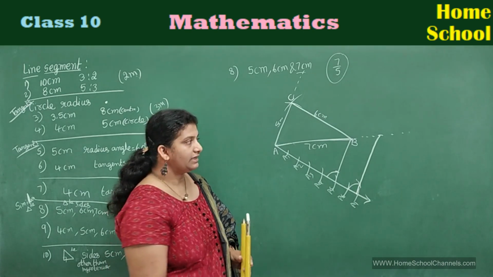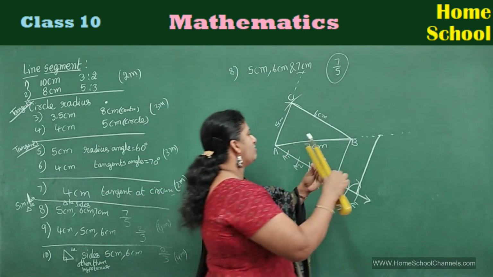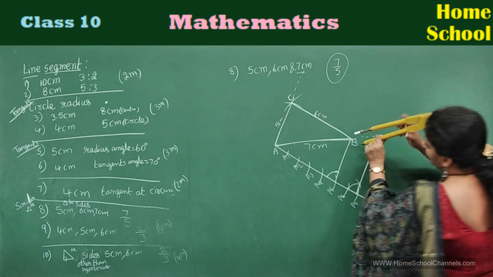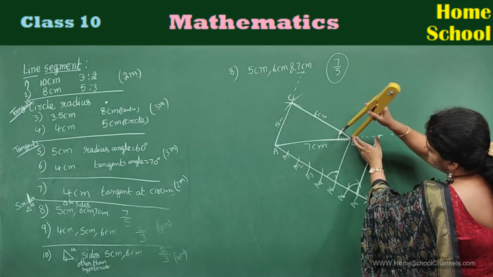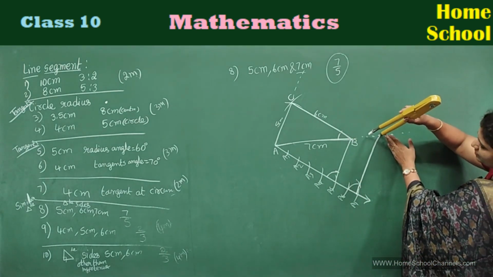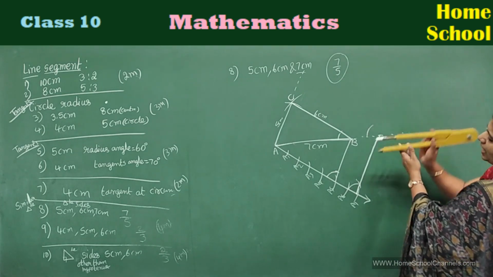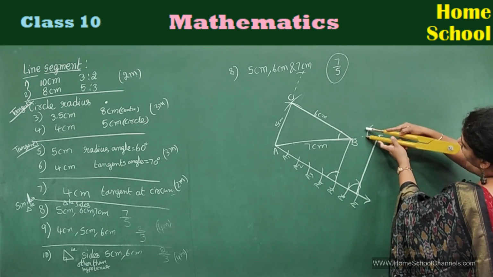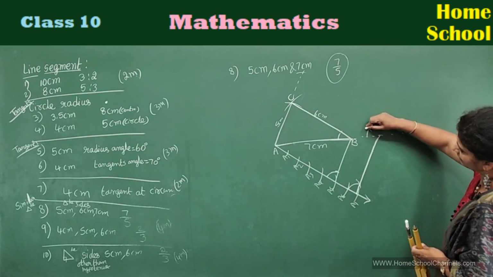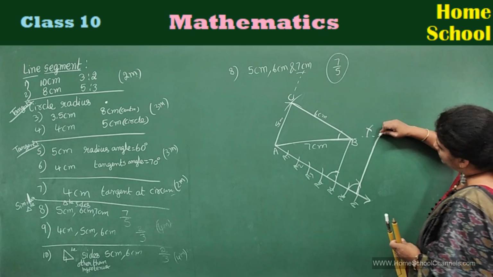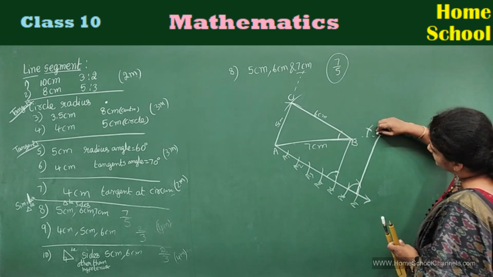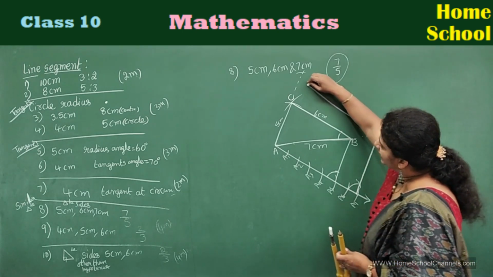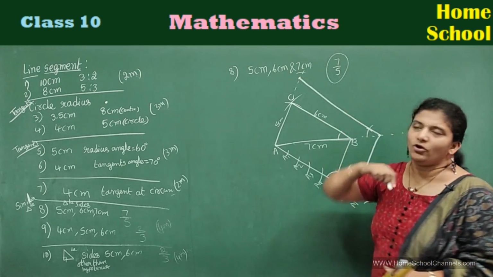Okay? And in the same manner, from B, again do the arc, and again from this point do the arc, go back, measure and cut. Okay. Now, when you join these two points, try to extend, and you are going to get another point.